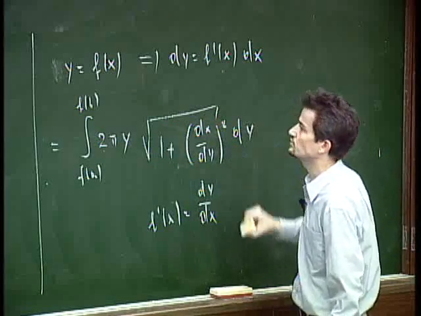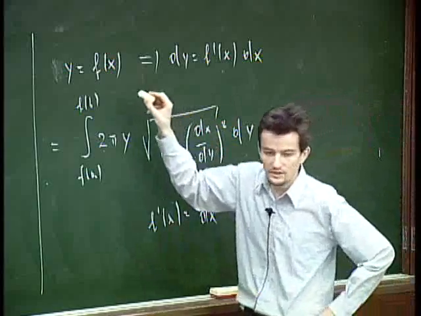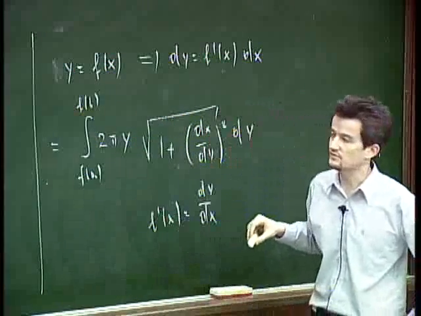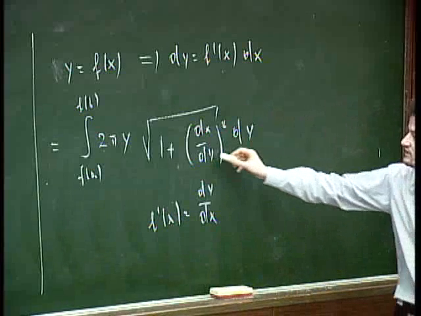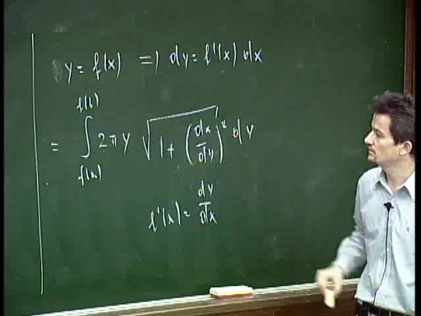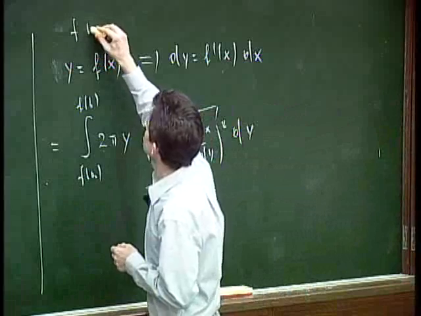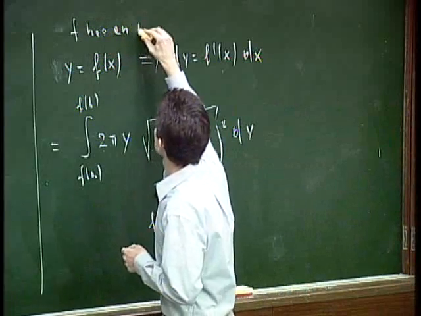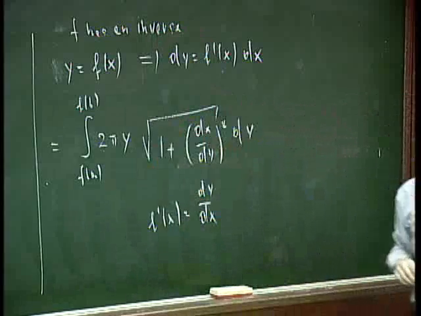It's not a very precise proof, and something which you are missing here is that if you do this, you have to assume that f is invertible, that the inverse of f exists. f must be one-to-one, because here you need the inverse function. So this is what you have to assume in order to be able to do this kind of substitution.